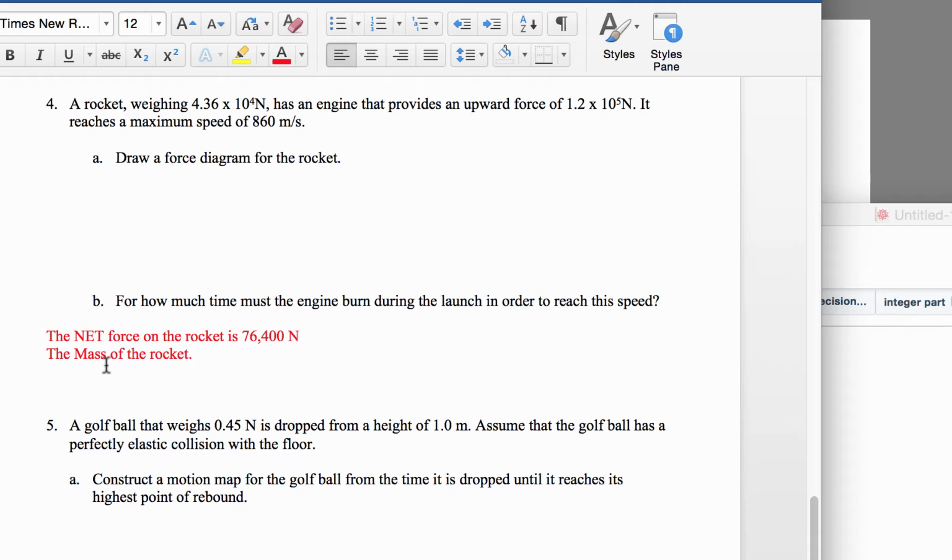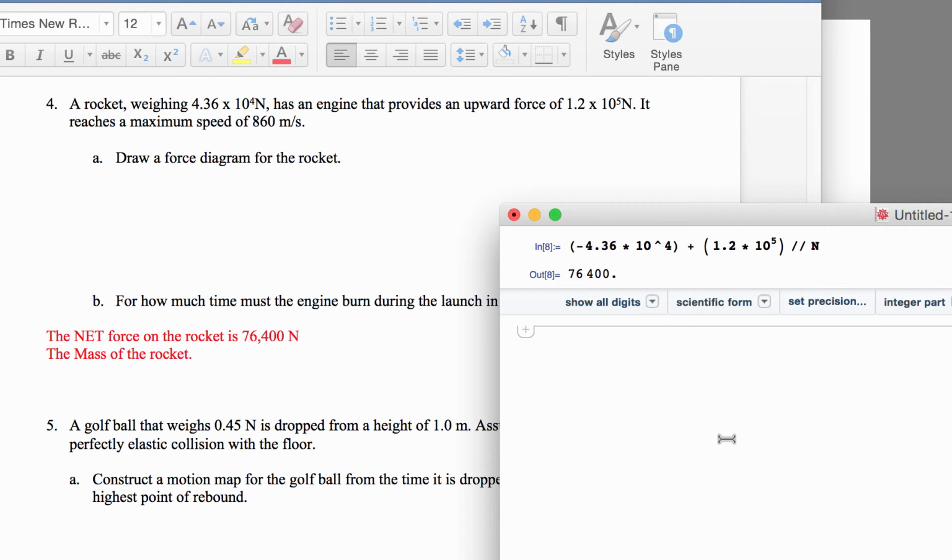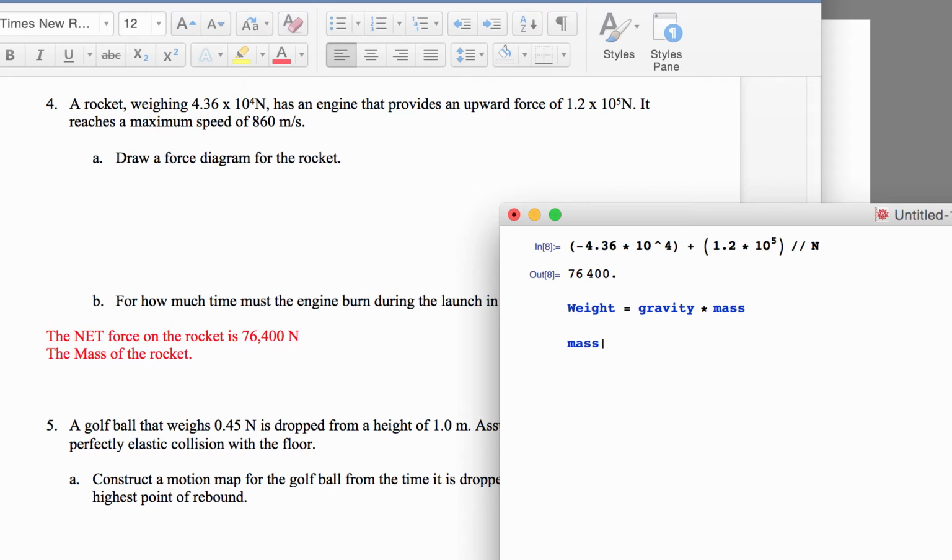Anyway, I can figure out the mass of the rocket because weight is gravity on Earth, and gravity on Earth is negative 10, times mass. So if I want to solve for mass, mass is weight divided by gravity.